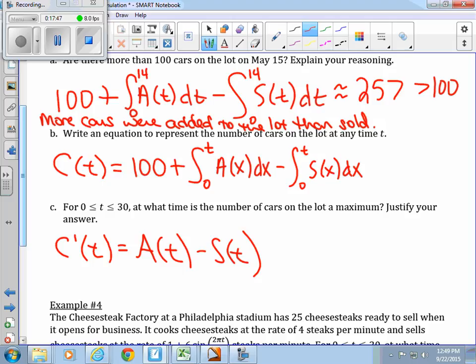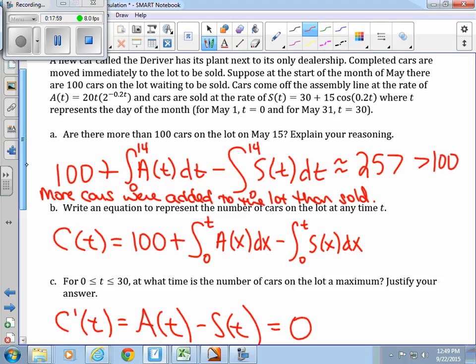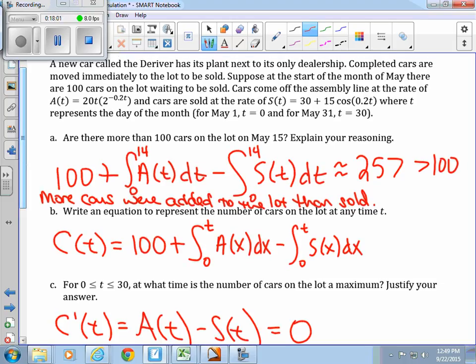Set that equal to 0. Again, we're going to use a calculator. Essentially, I'm setting A of t equal to S of t, correct? In my calculator. They were 20t times 2 to the negative 0.2t and 30 plus 15 cosine of 0.2t.